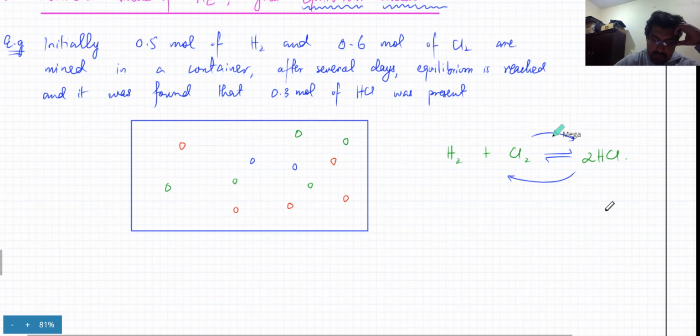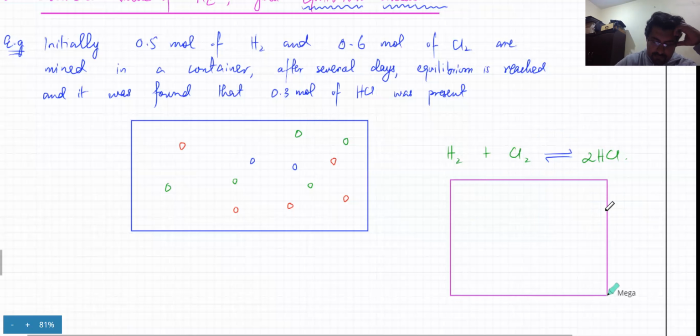So to solve this question, what you do is you make a table. And the table is going to look like this. Depending on the number of reactants, it's going to have three rows. The first one is your initial situation: what was the situation in the container right at the start?